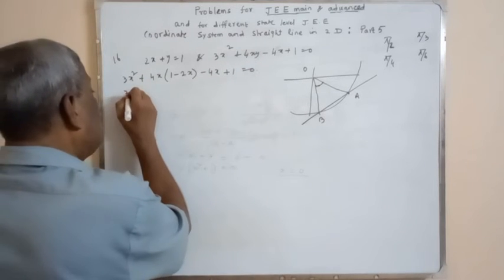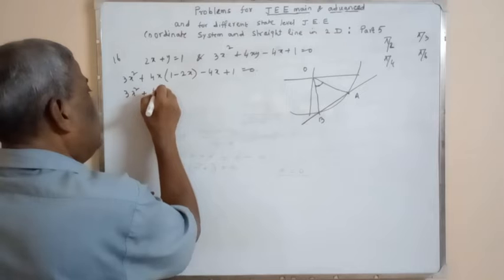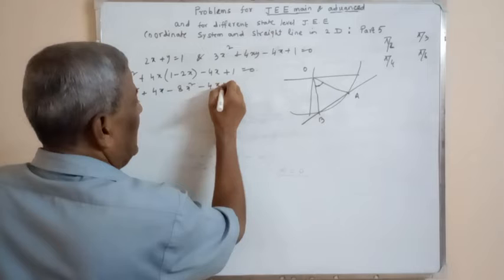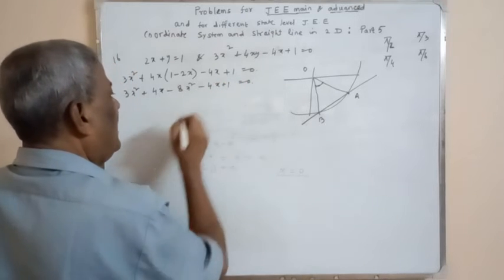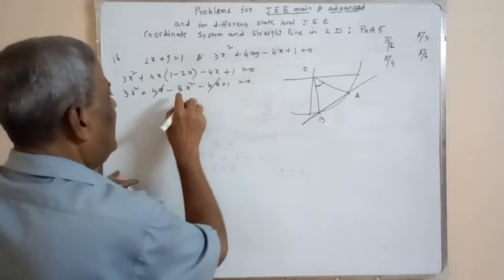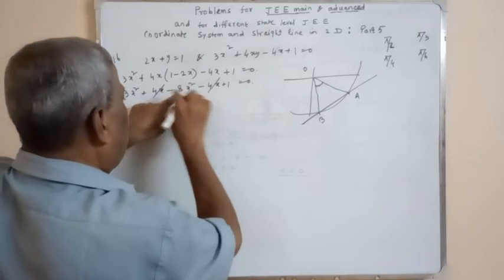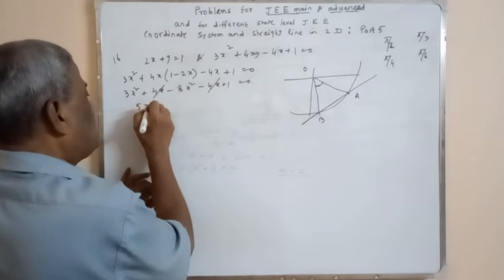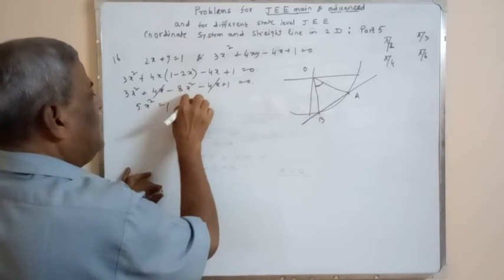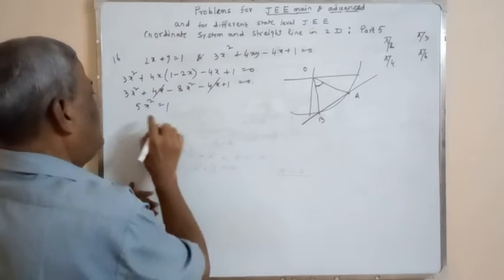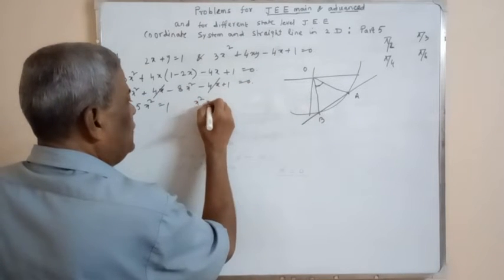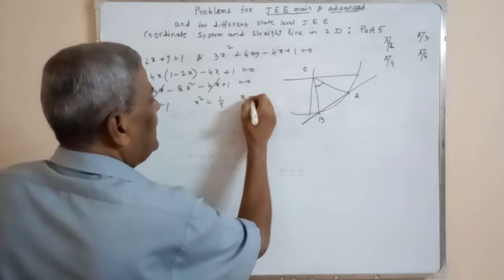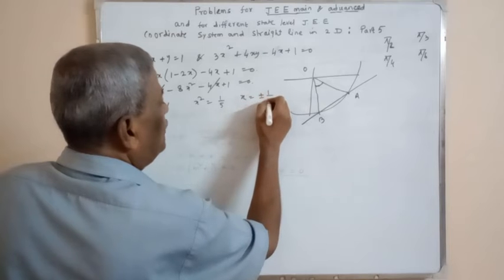That is 3x square plus 4x minus 8x square minus 4x plus 1 is equal to 0. Now cancel: that is minus 5x square plus 1 is equal to 0. That means 5x square is equal to 1, that is x square is equal to 1 by 5. So x is equal to plus minus 1 by root 5.